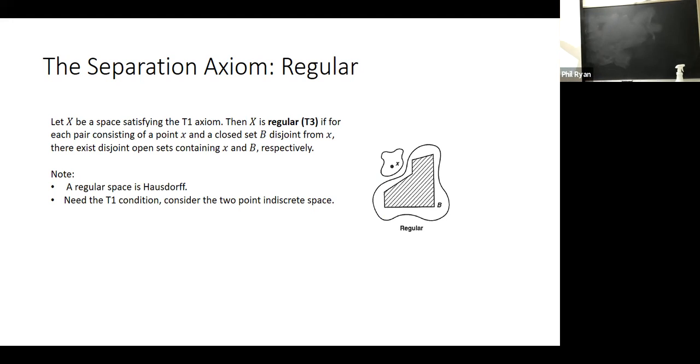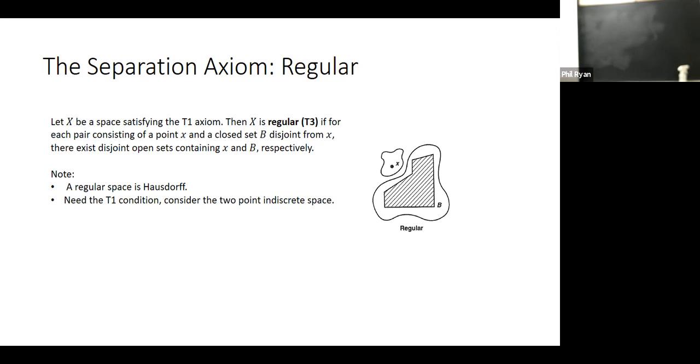It's obviously better than Hausdorff, because since X satisfies the T1 axiom, single points are closed sets. So in particular, if B was just a single point y, then we could separate them.